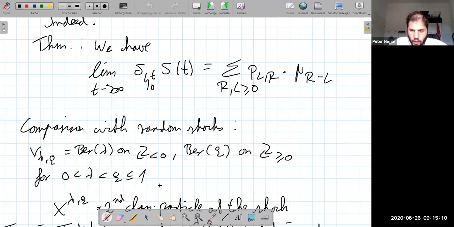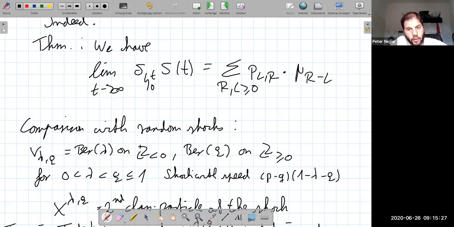Oh, let me write that down actually. So there's a shock with speed (p minus q) times (1 minus lambda minus rho). And then you can again put a second class particle at this shock.